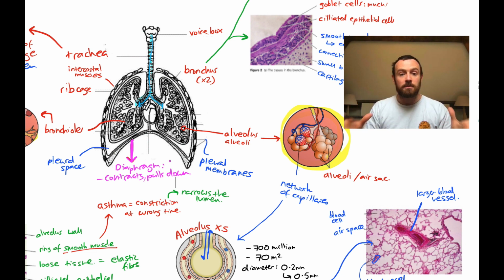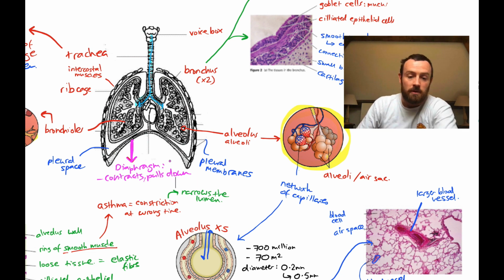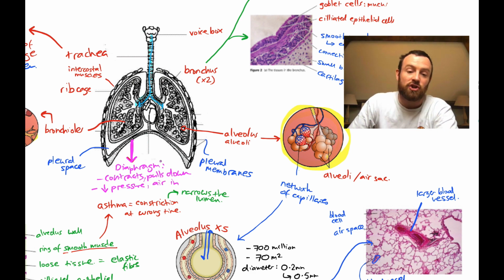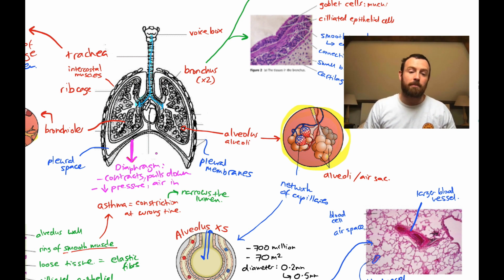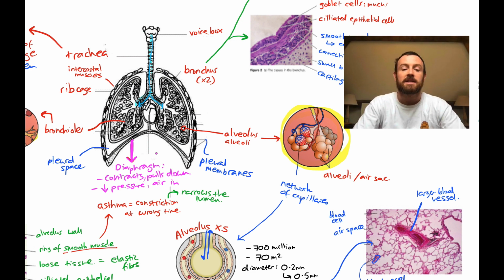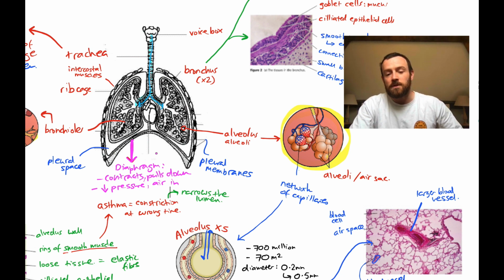So increase the volume, decrease the pressure, and then air flows in. Let's write there, decrease pressure, air in. That's inspiration. For expiration, the opposite happens. The diaphragm relaxes, it springs back up, again with elastic properties, and the pressure gets increased in the lungs and air moves out.